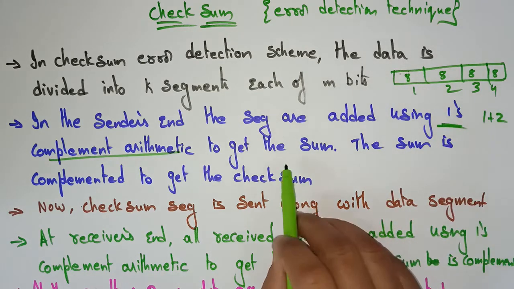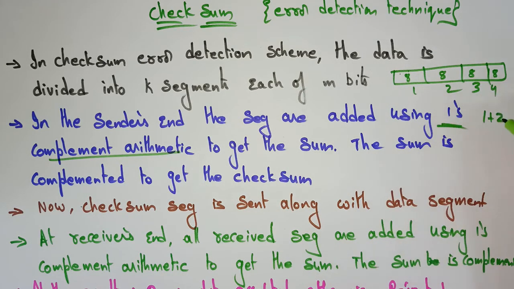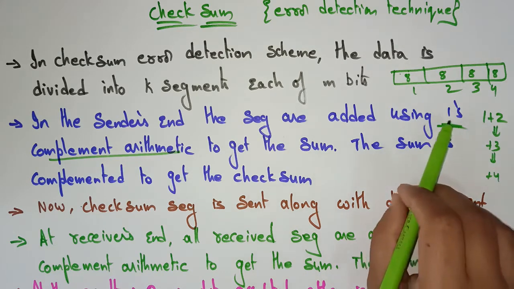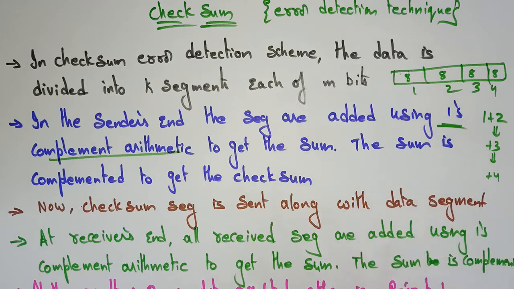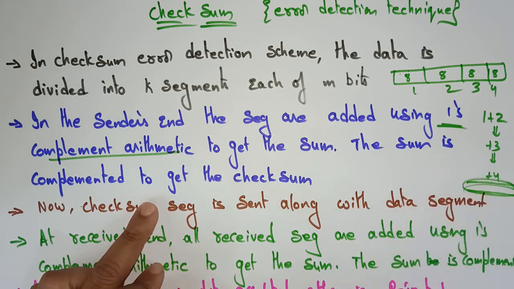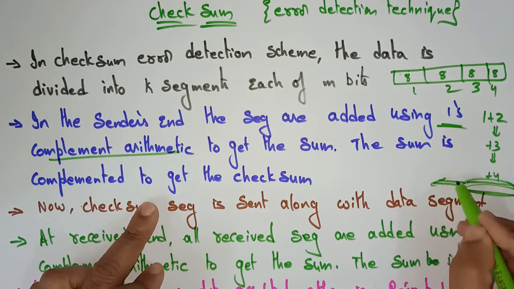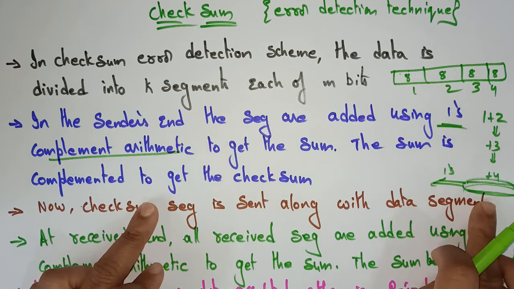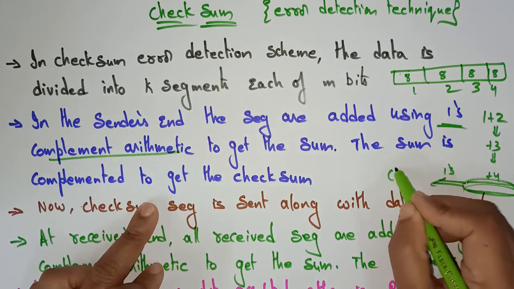Then the result should be added with segment 3, and again the result should be added to segment 4, like that. Finally you get some sum. So this sum is complemented to get the checksum. Again do the ones complement of the sum, and you will get the checksum.